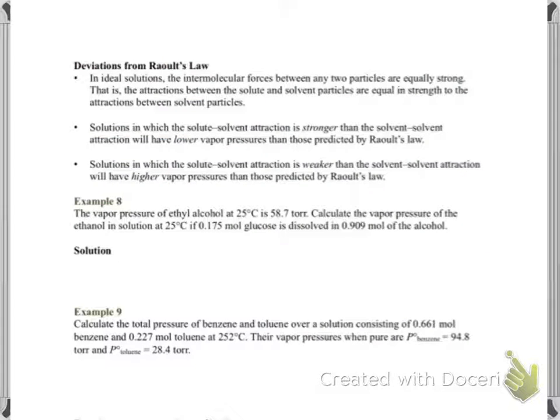When we are talking about ideal solutions, we are saying the intermolecular forces between any two particles, which means the attraction between solute and solvent particles, are equal in strength to the attraction between the solvent particles. What if the solute-solvent attraction is stronger than the solvent-solvent attraction?